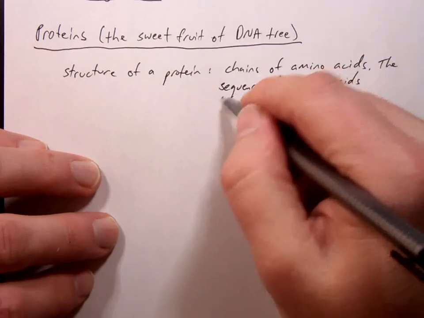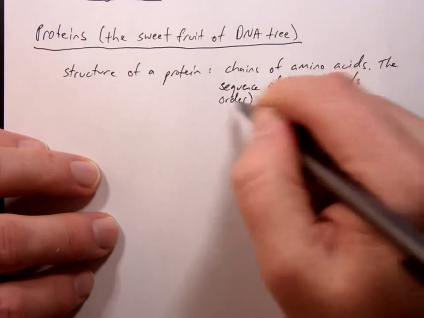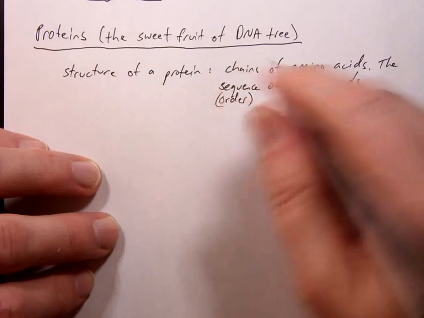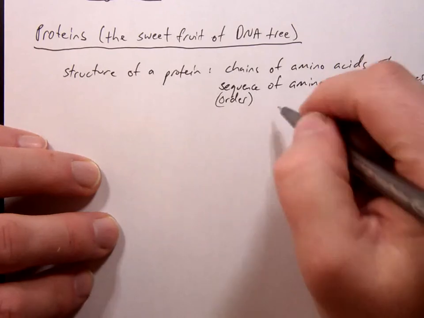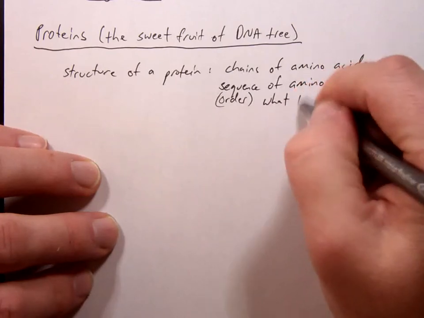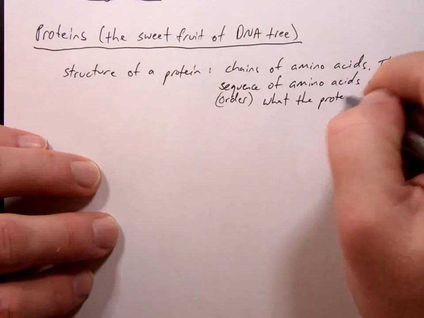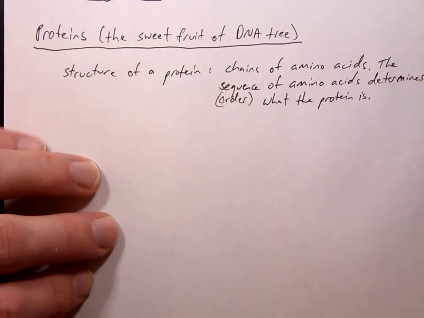If you don't remember, sequence just means order. Whatever order the amino acids are in determines what the protein is. That's it in a nutshell, folks.